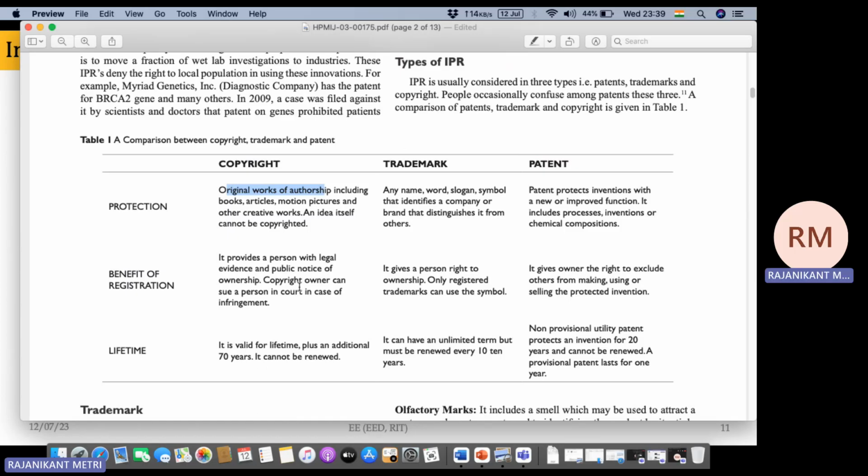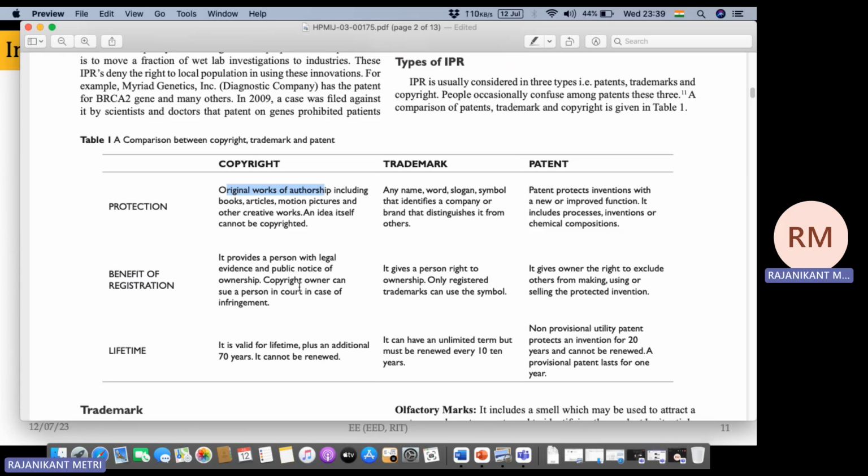If he has registered, then he can claim that someone is using his or her art or work for their benefit. Validity is for lifetime plus an additional 70 years, and it cannot be renewed.